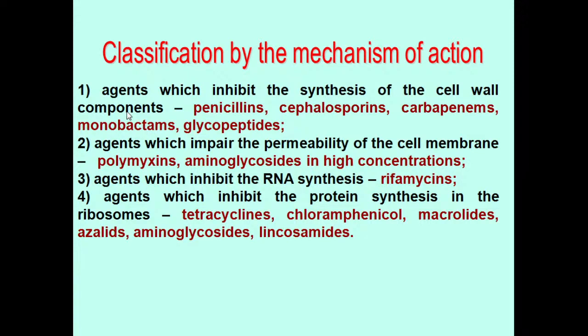We know that bacteria have, besides the cell membrane, an additional cell wall, which is very important for bacterial cells. So agents inhibiting synthesis of cell wall components are penicillins, cephalosporins, carbapenems, monobactams, glycopeptides.